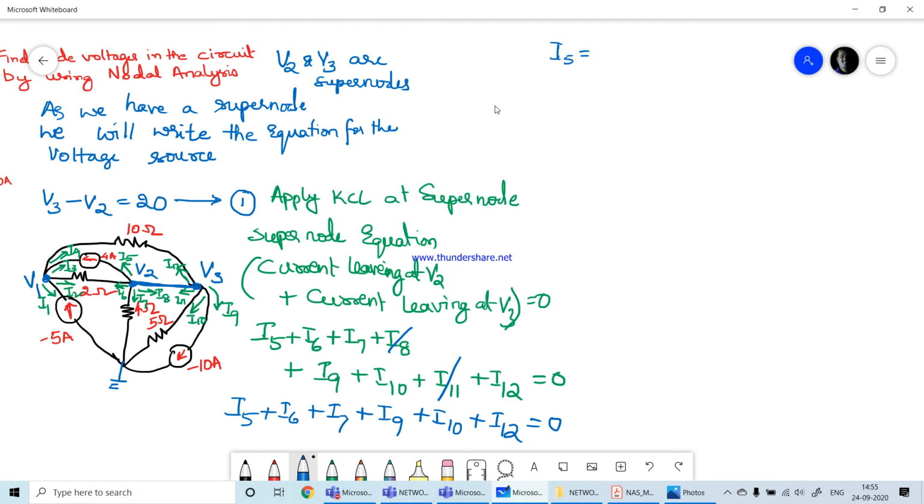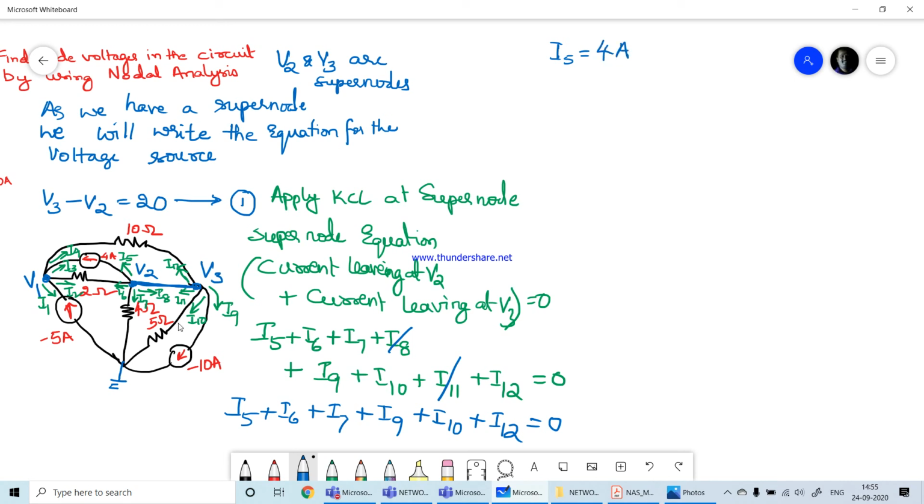Someone tell me what is I5 by looking at the network? 4 amps, right? No. See, a current source is connected there. That is the reason why I asked you not to convert this current source in parallel with 2 ohms. If there is a resistor here, then V2 minus V1 would be the formula. But we have a current source itself here. So I5 is nothing but that current value only, which is 4.